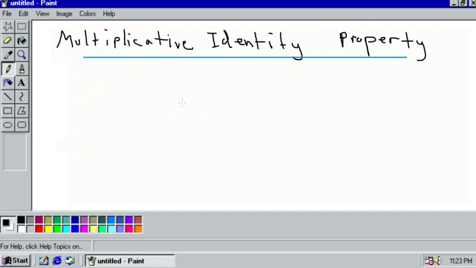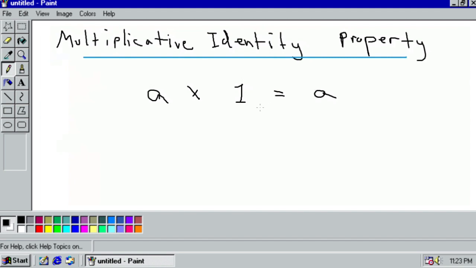The next one is the multiplicative identity property. This property states that the product of any number and 1 is the given number itself. So let's say our any number is A again. Then we multiply by 1. This is just the same.